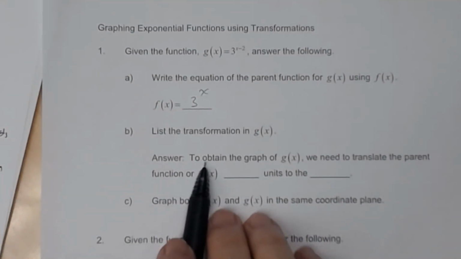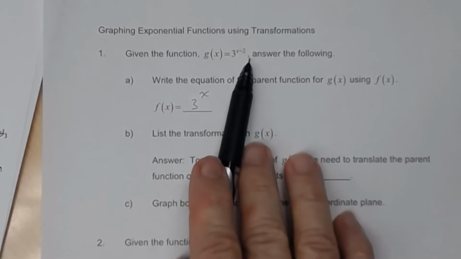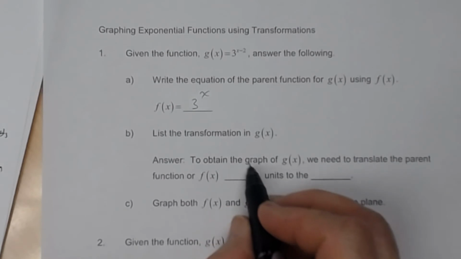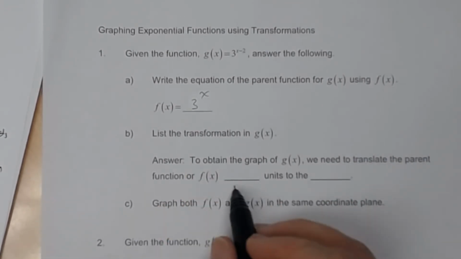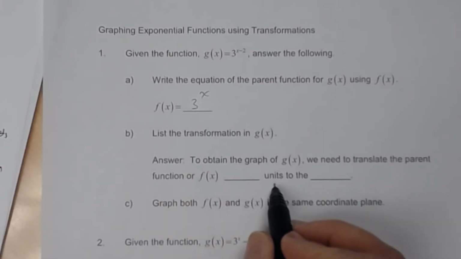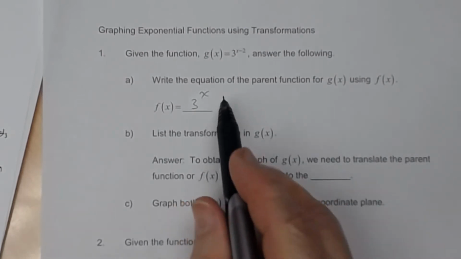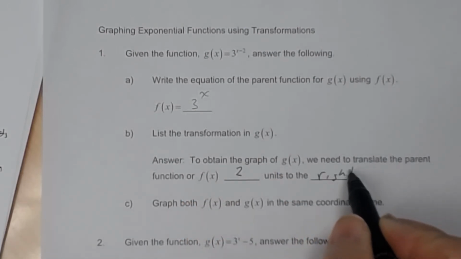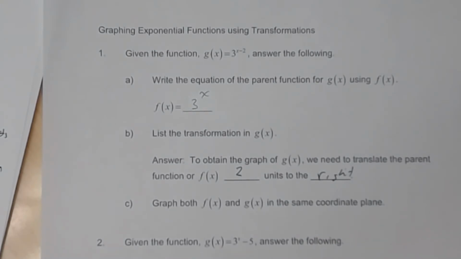Okay? So if you look back at this, to obtain the graph of g of x, you need to translate the parent function f of x, which is 3 to the x, 2 units to the right. That's what you have right here.